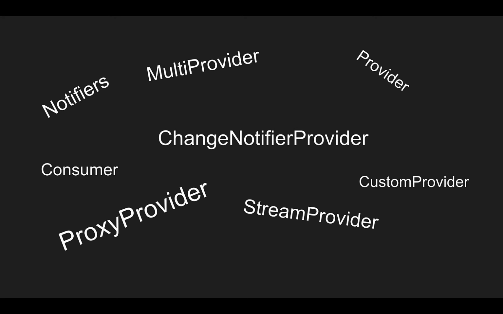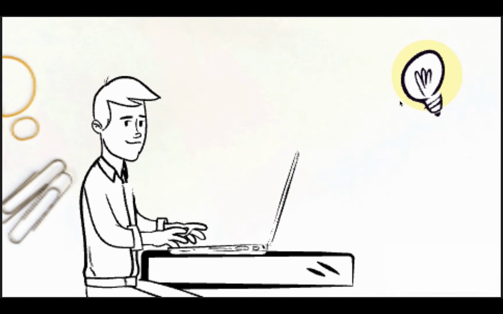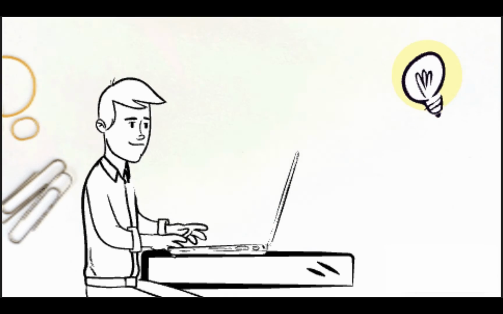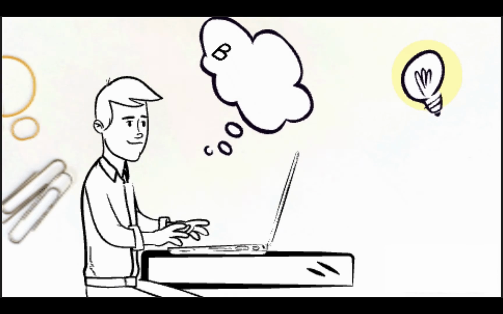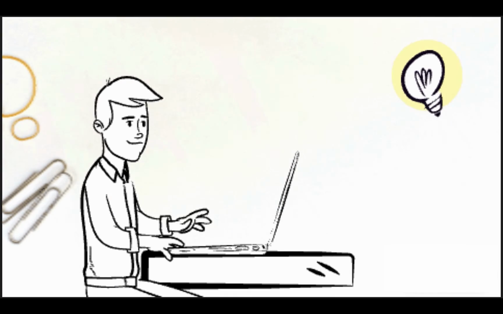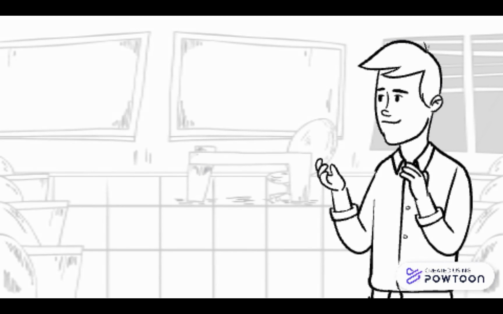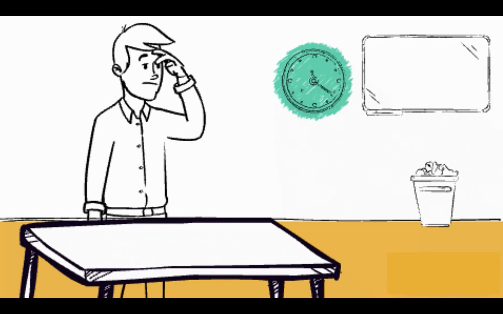Let's forget about provider for now and focus on a simple scenario. This is Ben, and Ben is hungry after a long day of work. So he decided to go to his favorite food joint for some food. He placed the order and waits for the food.